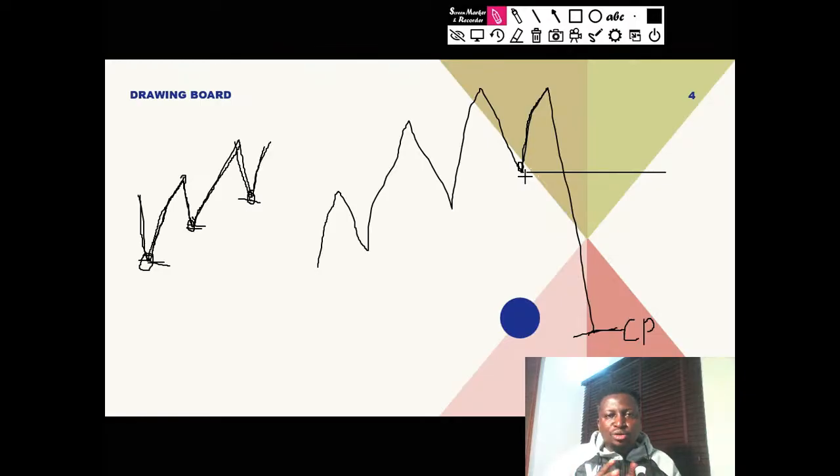So how do I make you differentiate to understand when a support has become a resistance? Because your support can become your resistance and your resistance can also become your support. So if you can work with this formula, especially beginners, it will help you to understand when you can say that this is support or this is resistance.